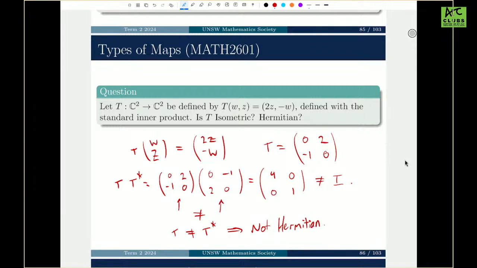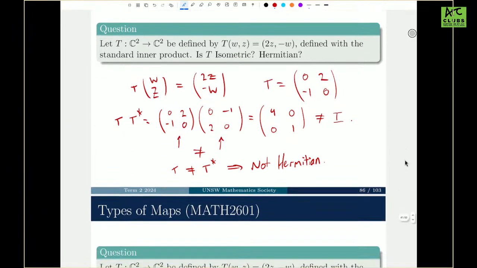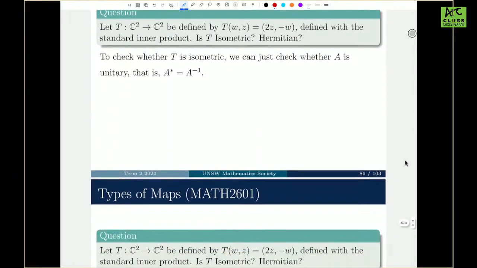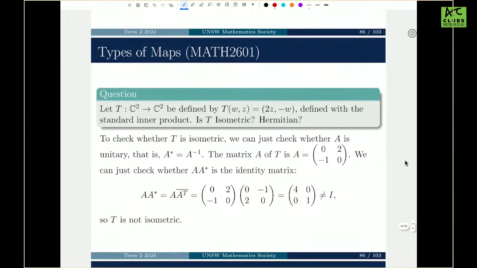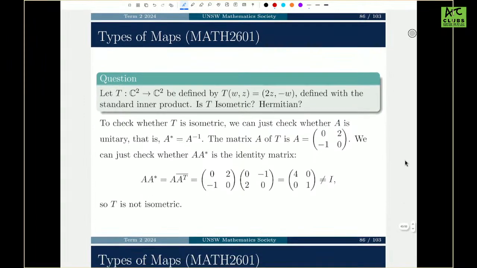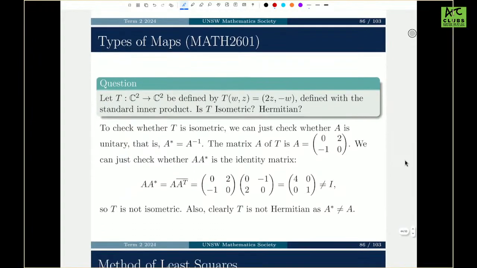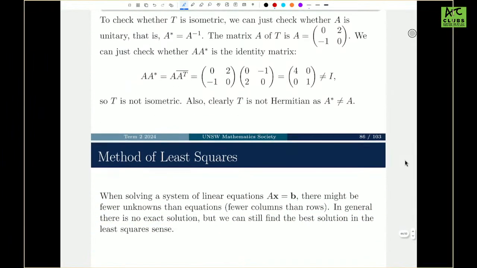So it's not isometric, and not Hermitian, as it's not equal to its adjoint.